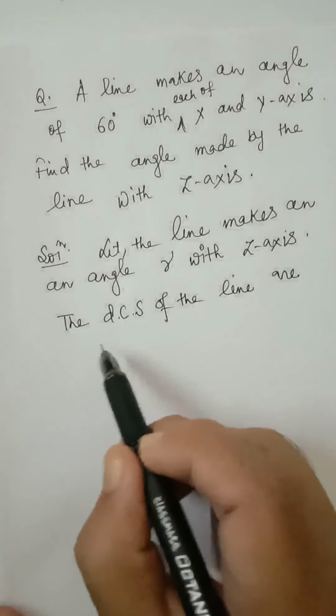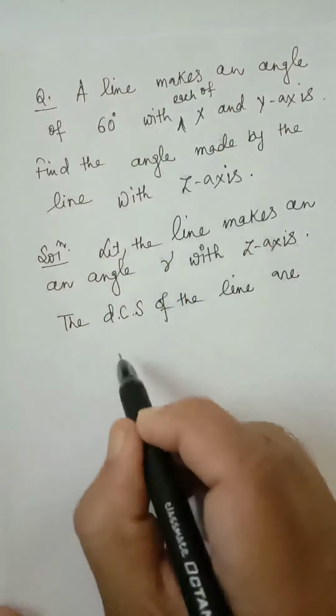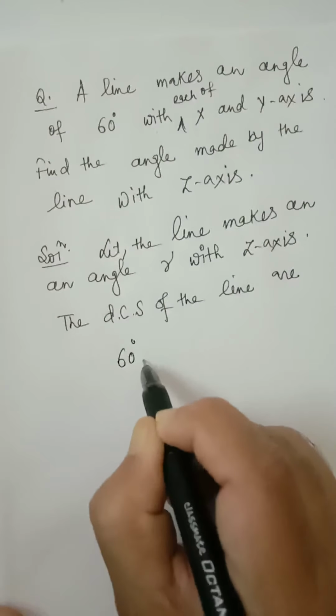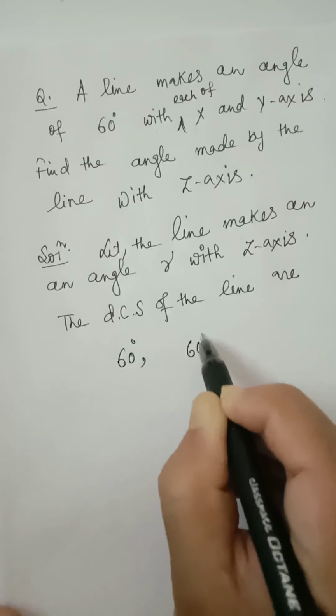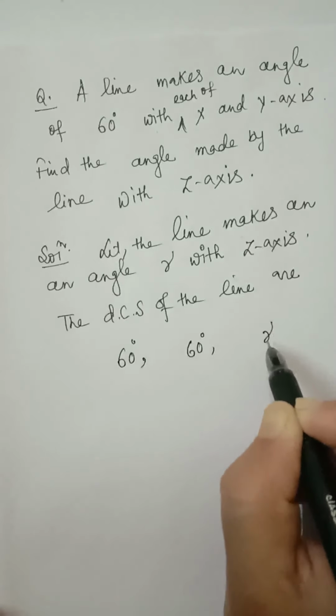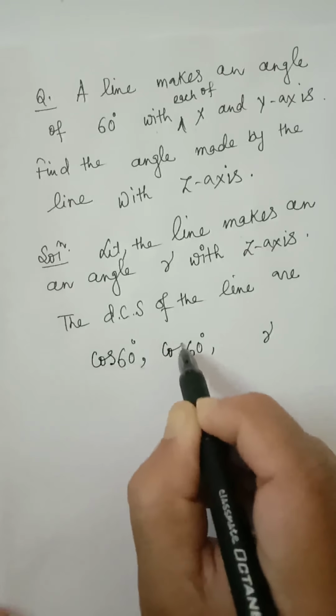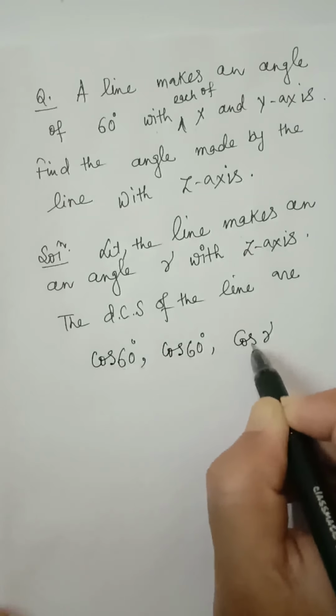Now the direction cosines of the line will be cos 60 degree, cos 60 degree and cos gamma.